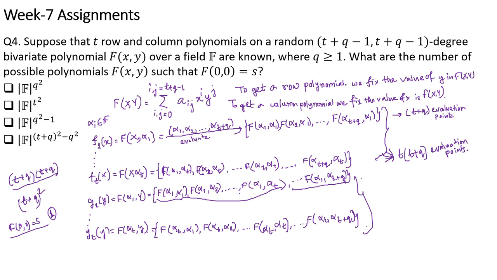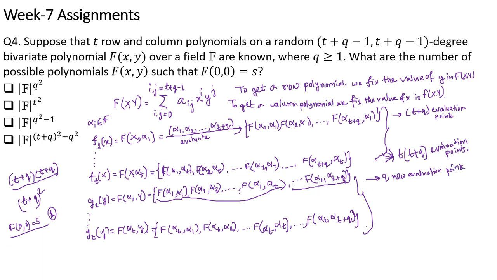So once we have obtained t into (t plus q) evaluation points from the row polynomials only, the column polynomial g1(y) contributes q new or distinct evaluation points. Okay.